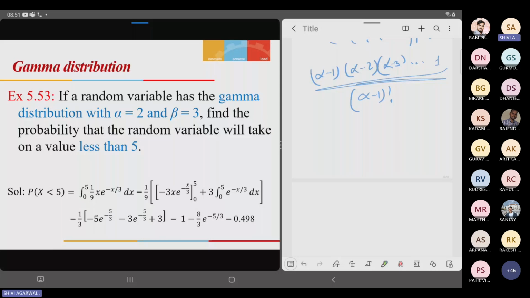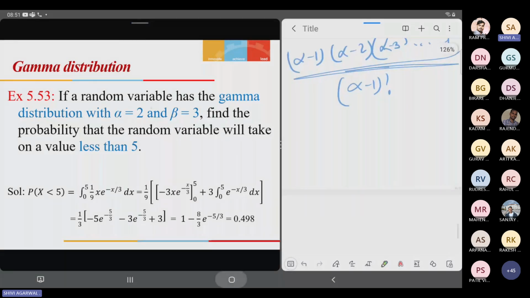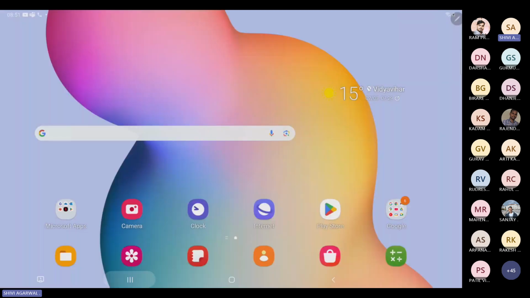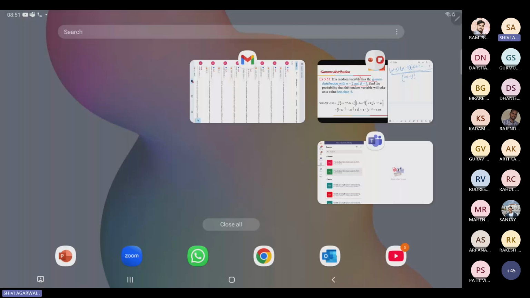Now we are doing one question for the gamma distribution. It is given in the question that the variable follows this gamma distribution. So if a random variable x has a gamma distribution with alpha equal to 2 and beta equal to 3, find the probability that the random variable will take a value less than 5.